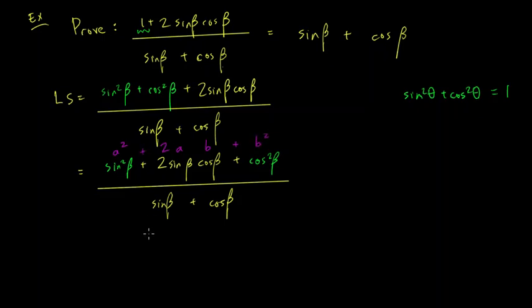Okay? That's what it is. And we know that a squared plus 2ab plus b squared is going to give us a plus b squared.